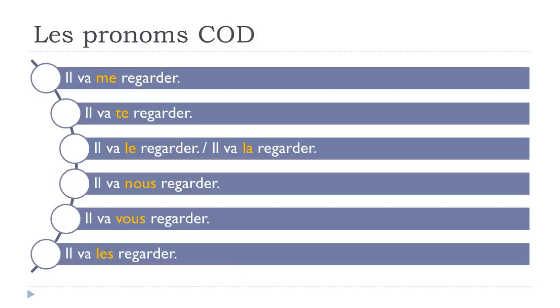I've been using the same sentence, but now in the near future form. Just to show you, if you forgot it, that the pronoun should come before the second verb. So il va me regarder, so he's going to watch me, or to look at me.